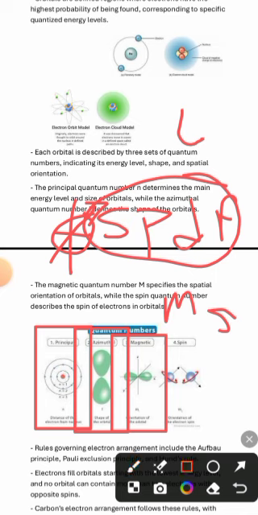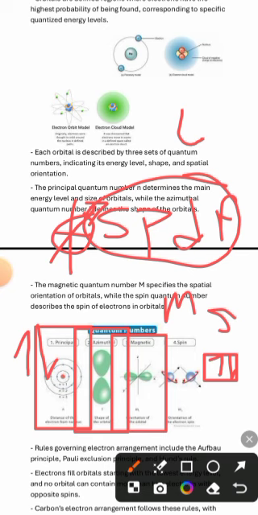Naturally, in an orbital we can only have a maximum of two electrons, one facing up and one facing down. This is explained by the spin quantum number, with one electron facing up, which is of lower energy, and the electron facing down, which is of higher energy than this one in a specific orbital.